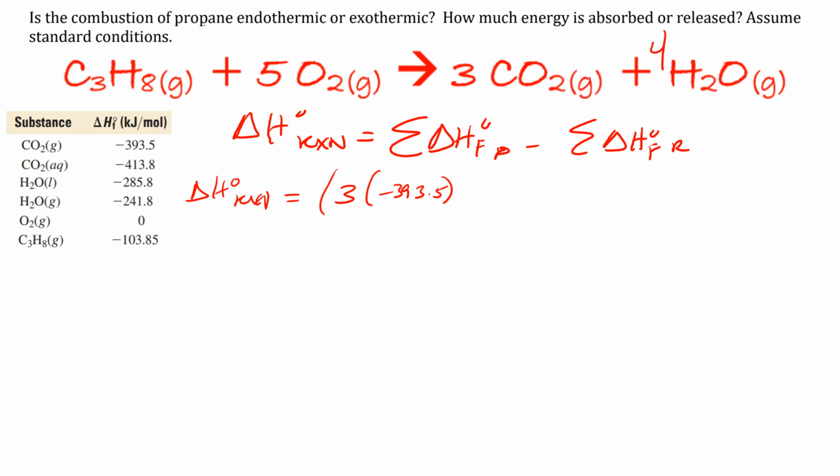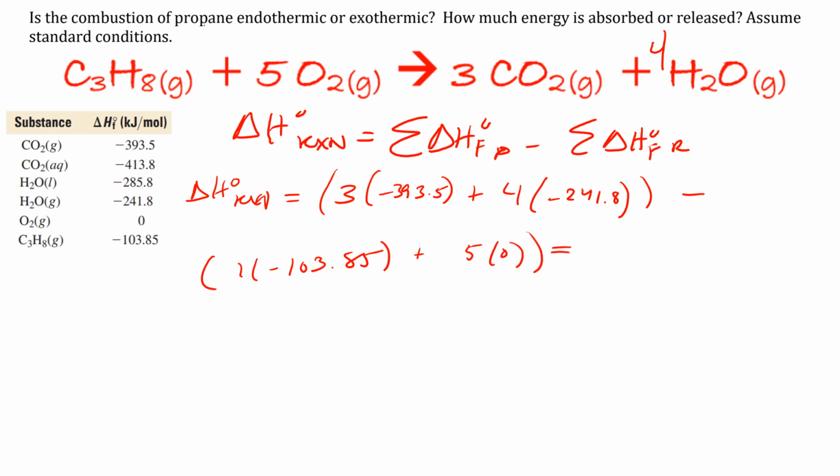Plus 4 times H2O gas, so negative 241.8, minus the sum of the reactants. So 1 times negative 103.85 plus 5 times 0. Lucky us.